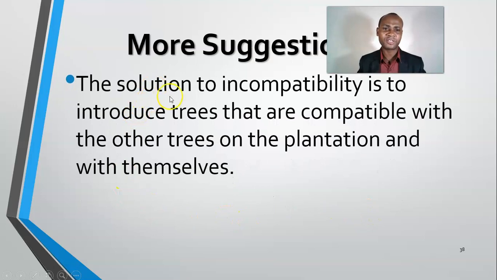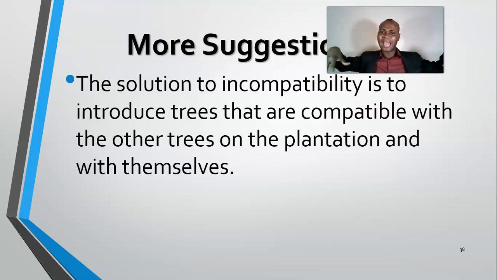So, more suggestions. The solution to incompatibility is to introduce trees that are compatible with other trees on the plantation. I'm reading this again: the solution is to introduce trees that are compatible with the trees in the farm. So how do you do it?